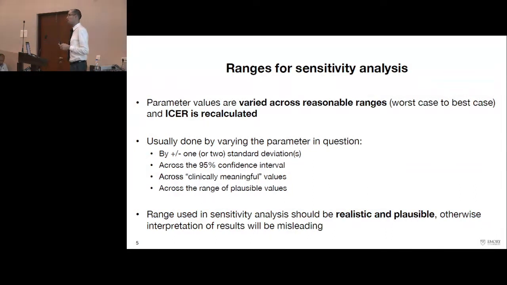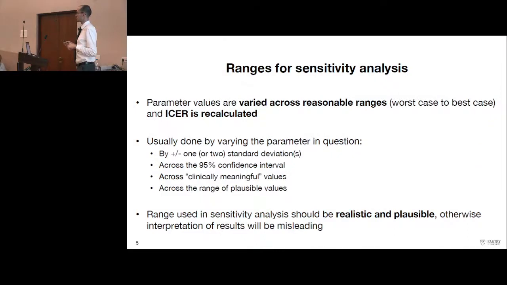When you get to two-way and multi-way sensitivity analysis, things get tricky. A two-way sensitivity analysis can be presented as essentially a two-dimensional table. Each dimension would present plausible values of the two parameters, and in that table, for each combination, you would show the ICER.